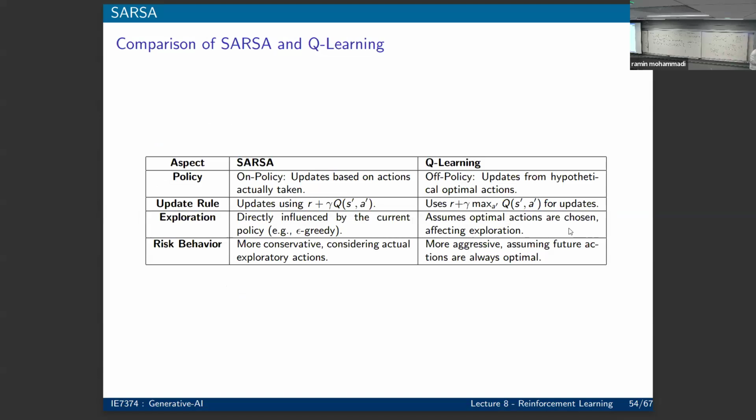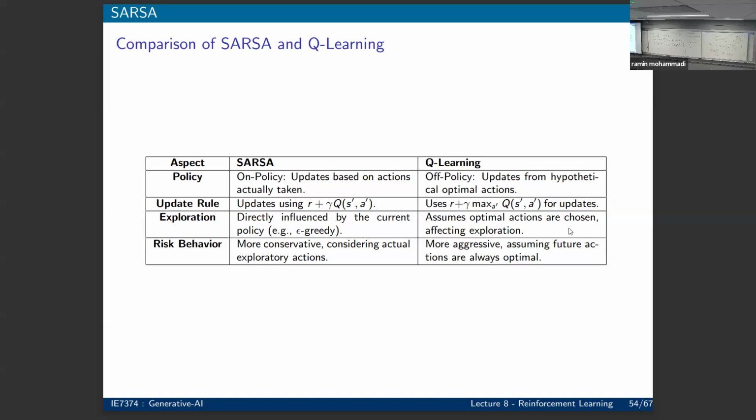Okay, so this becomes SARSA versus Q-learning. SARSA is on-policy. Q-learning is off-policy. That means again, you update from hypothetical optimal actions, right? Because it's important to remember, when we say hypothetical, we don't actually know if we have the best action in the next state. You assume that whatever I do, in the next state I will take the best action.